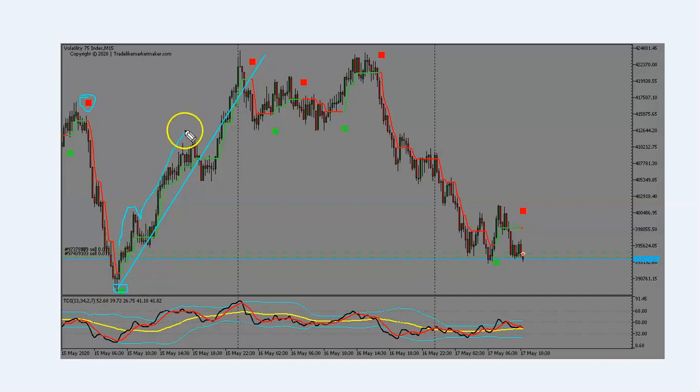Push 1 and then push 2, push 3. And since we know that it's been a long time this bullish trend going up, and it's coming to level 3, we should now look for sell signals, for reversal signals.